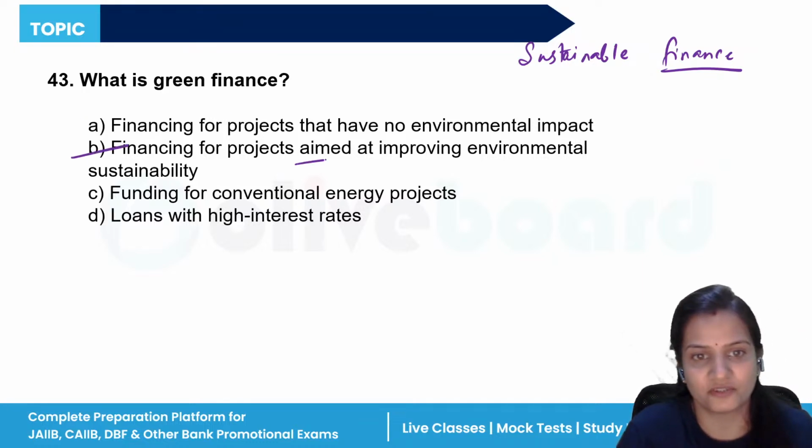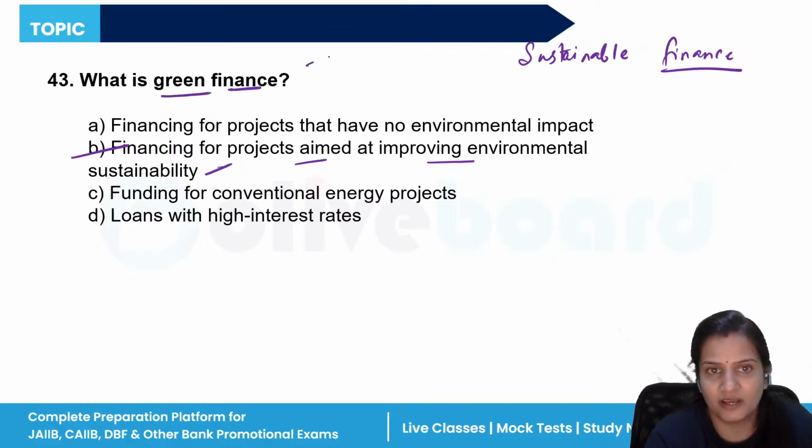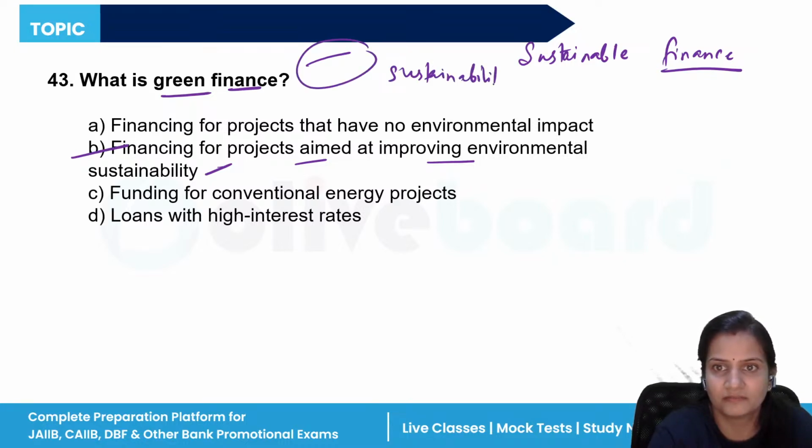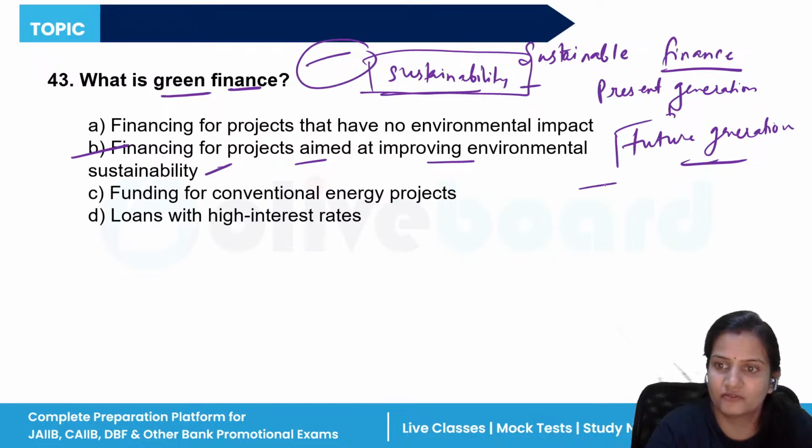It is financing for projects aimed at improving environmental sustainability. Green finance means we are investing in those projects which lead to sustainability. What is sustainability? It means that what we are using today, the present generation should not deplete all those things. It should be left for our future generation as well. The resources should not be used in a drastic manner. They should be used in a proper manner so that our future generation may also see and use those resources. So it is called sustainability.